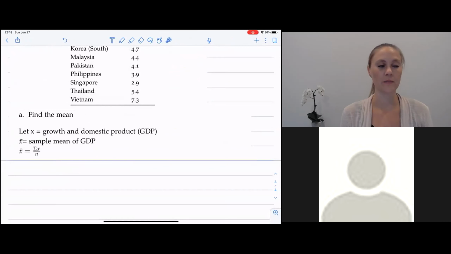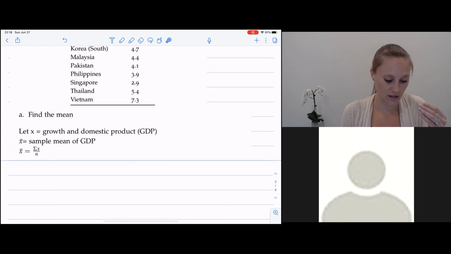So I'll start here. We're going to find the mean, which means find the average. So we're going to let x be a variable for the gross domestic product, the GDP. So x bar is going to be the sample mean of the GDP, right? Because x is now a placeholder for the GDP.